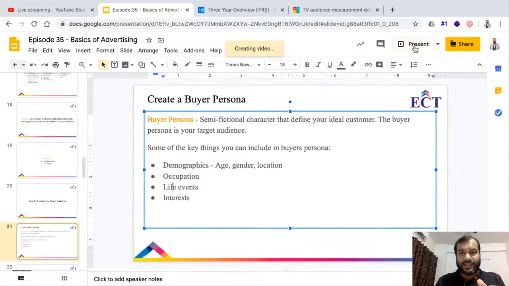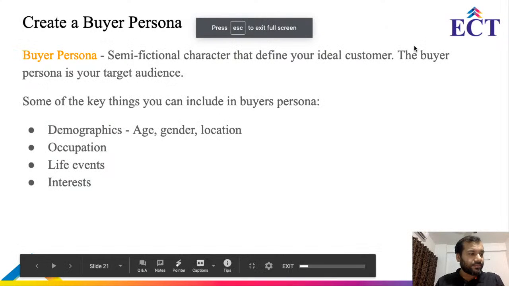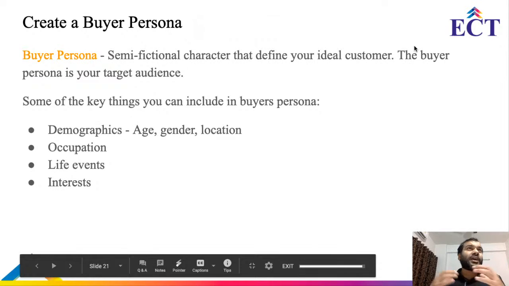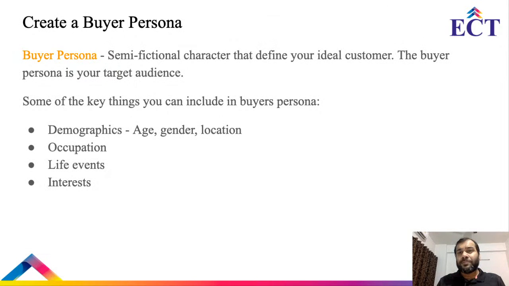So, for example, as a writer, my target audience could be an entrepreneur who might have worked in the industry for 5, 10, 15 years, and now they are planning to start their business, right? They are now looking for a content writer who can write content for their website.